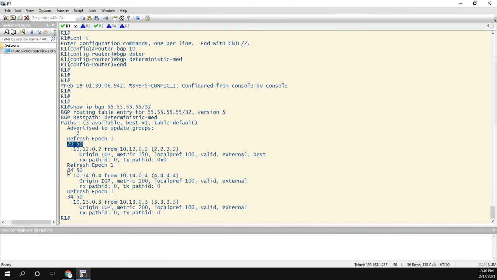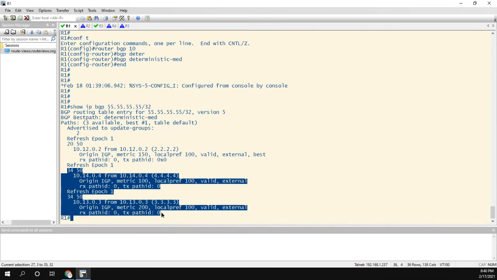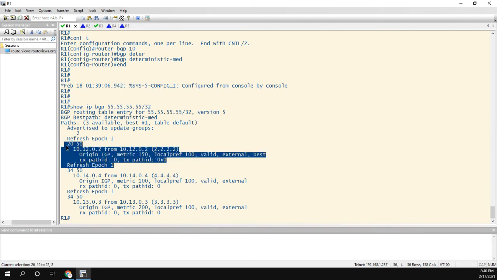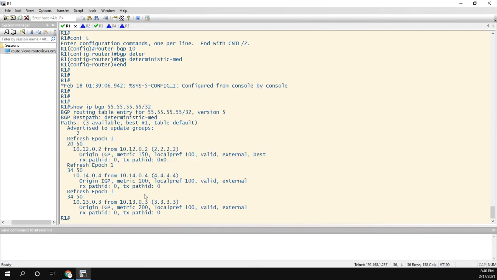So basically what it does is these 2 routes are then compared against each other, and the best value wins, which in this case, actually, the route from 4 would win because it has the MED of 100. Then this route gets compared against the best route from the other group. The other group is only one route here, and we compare. Now, because the AS path information is still different, we take the older route, which was the route from 2.